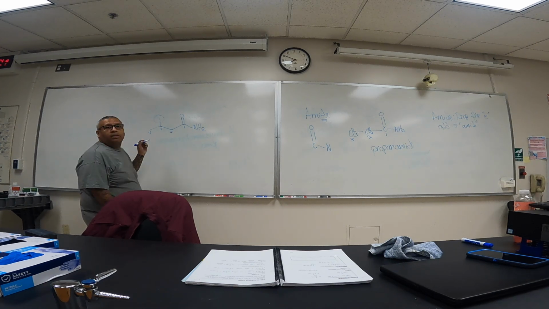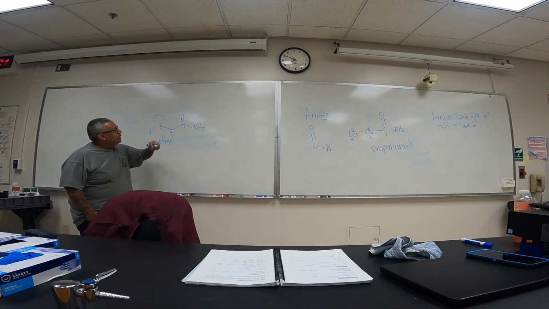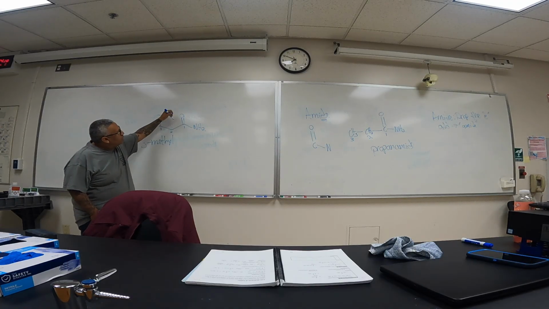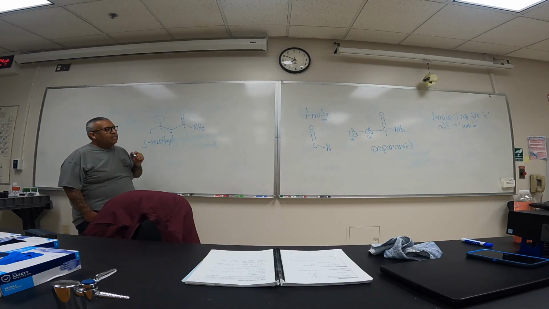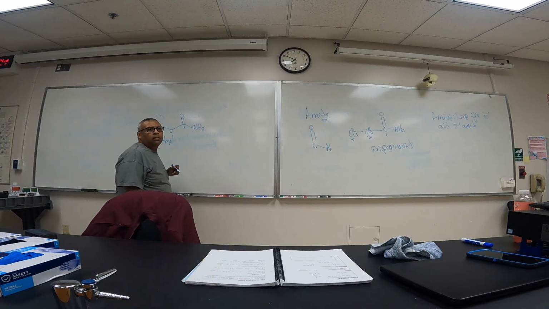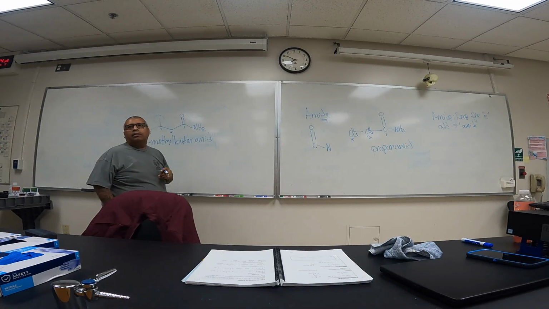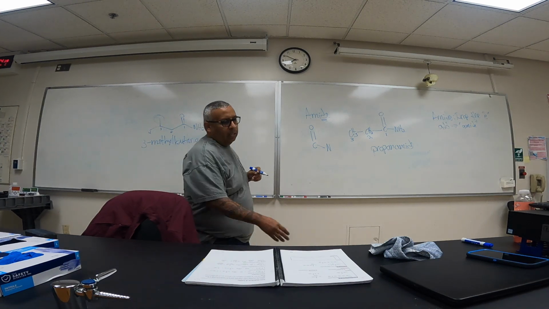Methyl, but first, what carbon is it on? 3. So we're going to put 3-methyl. And instead of butane, because we know it's an amide here, we're going to drop the E, we're going to add amide. Perfect. Butanamide. All right, butanamide.